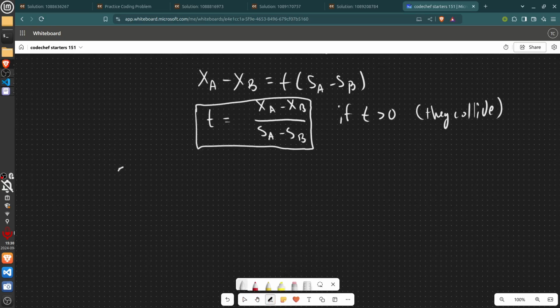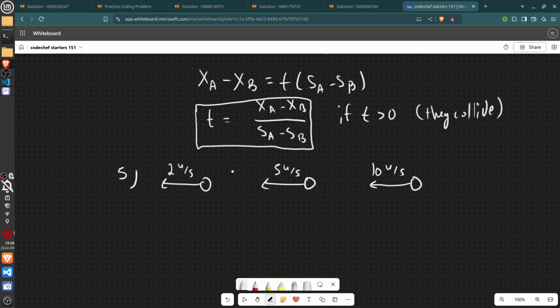But there's another quick observation, which is that if I have two balls, so what I want to mention here is that this ball collides with ball 2, or let's say this is A, B, C. So ball B collides with A, but the collision of B and A may happen at 10 seconds. Yeah, it may happen at 10 seconds.